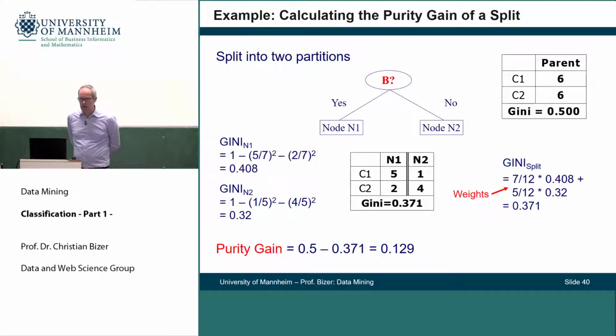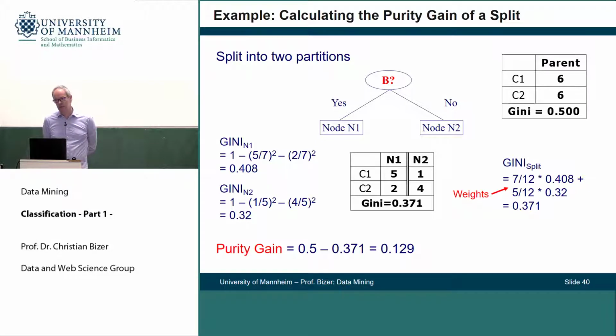Again, an example, one split: yes, no. At node 1, we would have 5 examples of class 1, 2 examples of class 2, so overall size of 7, and this would result in a Gini of 0.408.